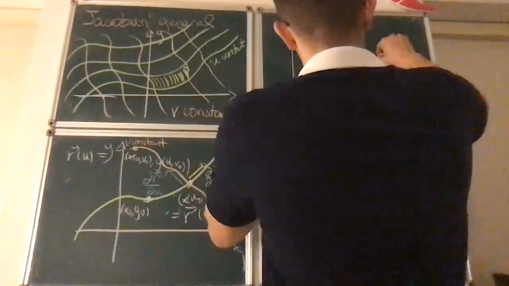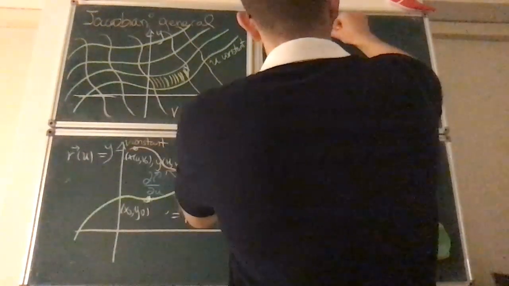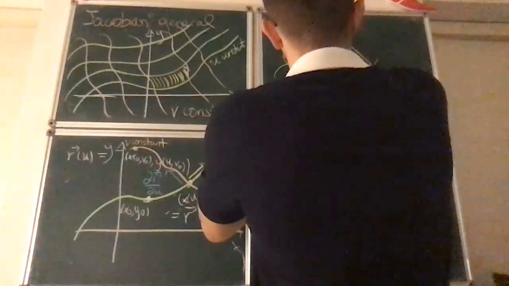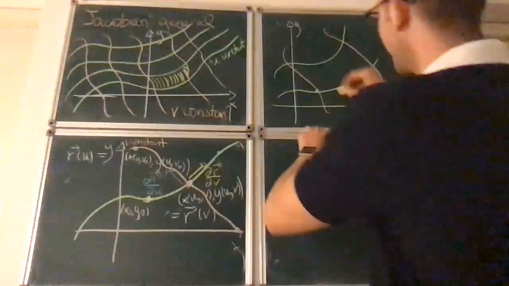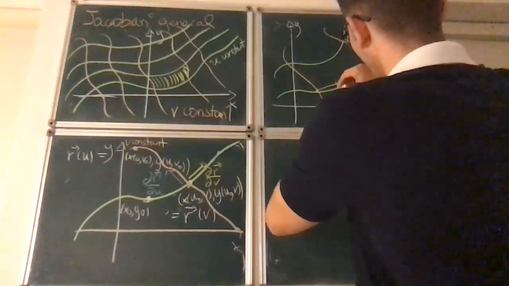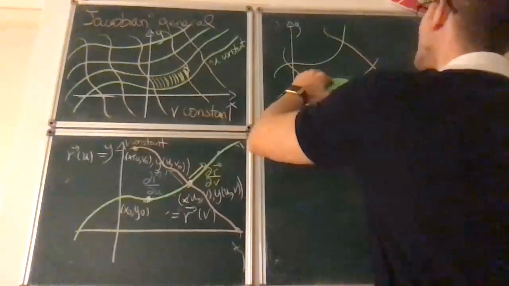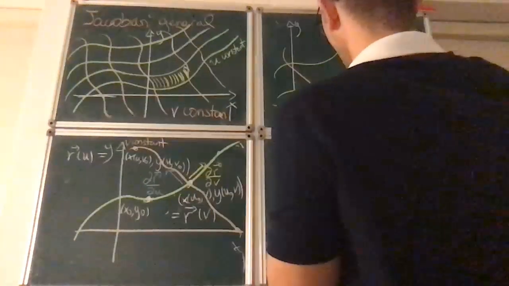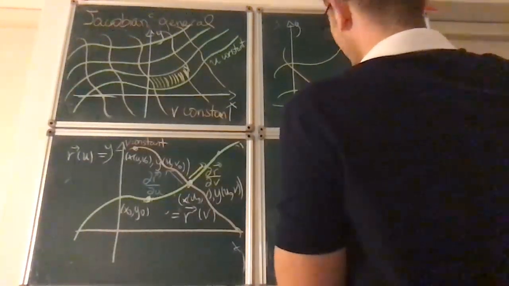What I'm saying is that if you take a point here and you're trying to find the area of this piece, then you have a velocity vector along this curve, which is tangent. So you have a velocity vector along this curve, which is the partial derivative of the position vector with respect to v.